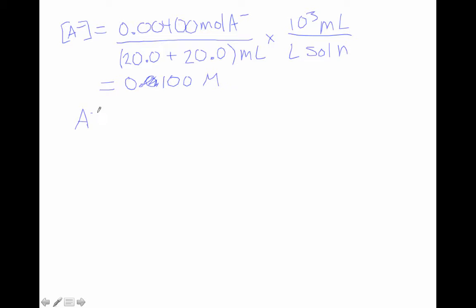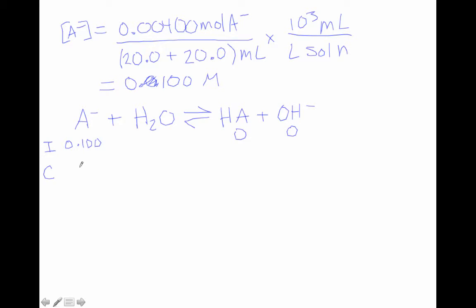To calculate the pH, we're going to do an ice table for the hydrolysis, or reaction with water, of this benzoate. Benzoate is the conjugate base of a weak acid, so it can react with water to form benzoic acid and hydroxide. Initially, the concentration of the benzoate is the 0.100 molarity. We have lots of water, and we have no acid and negligible amount of hydroxide.